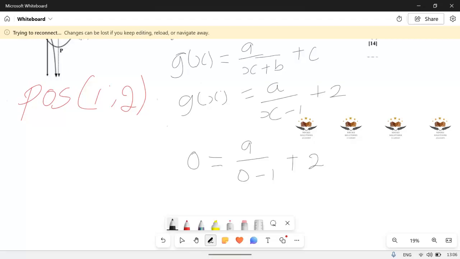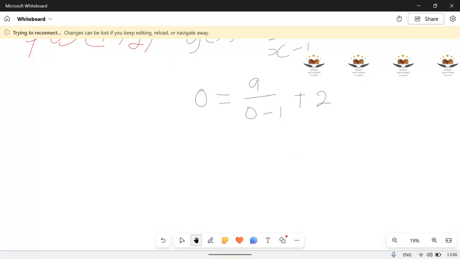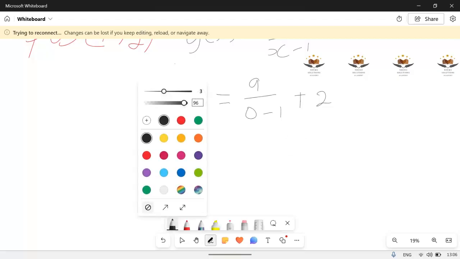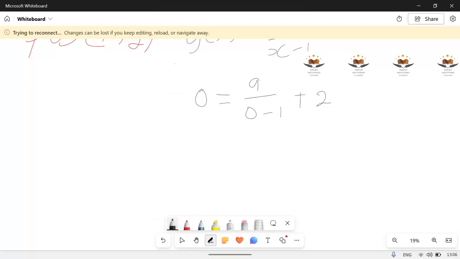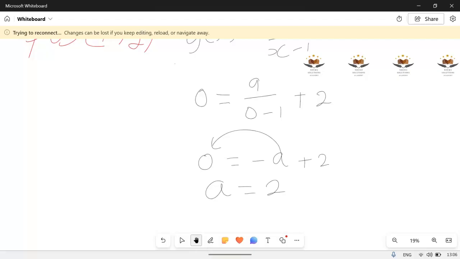This is going to give me 0 equals negative a plus 2. So if you transpose a to the other side, our a will actually be 2. So we have the value of a. Then we can go back and substitute.